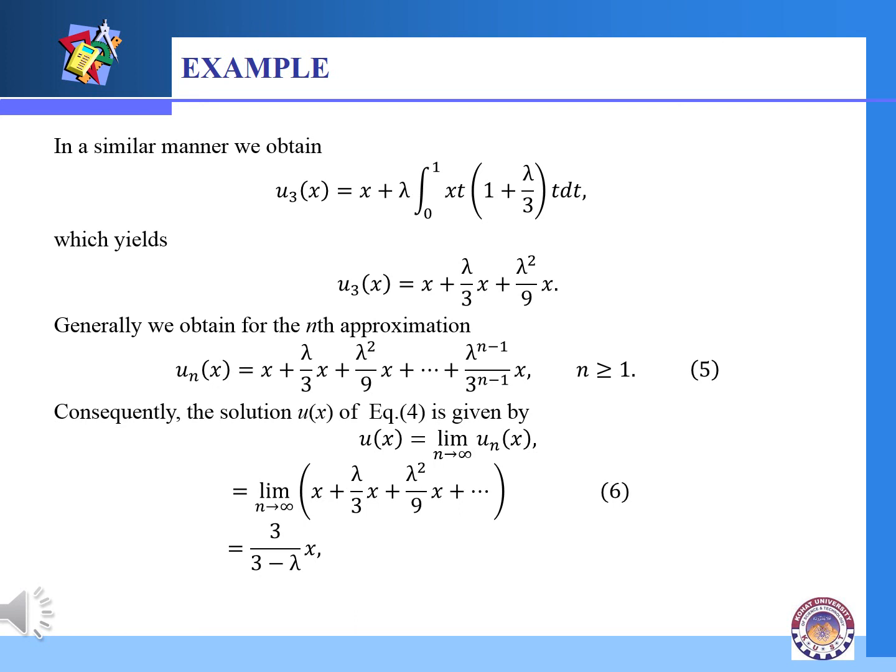This is an infinite geometric series, and its sum will be equal to a by 1 minus r, where r is the common ratio. Here the common ratio is lambda by 3. So by taking the summation of this geometric series, we obtain that u of x will be equal to 3 by 3 minus lambda x, and this is the final solution by using the successive approximation method.